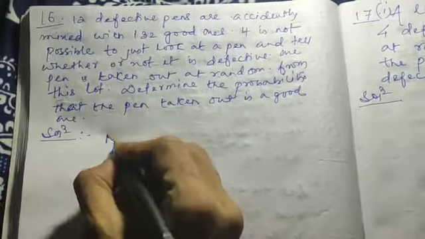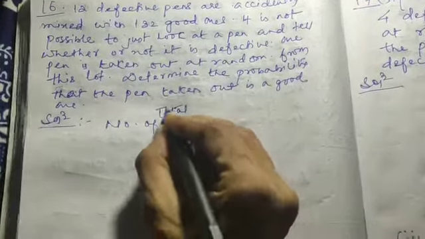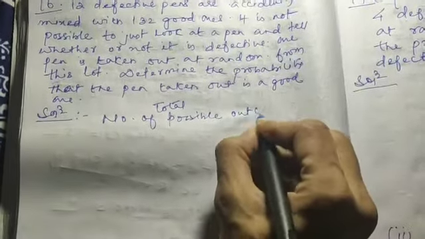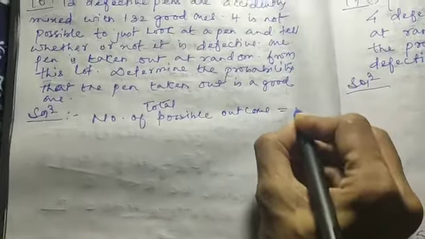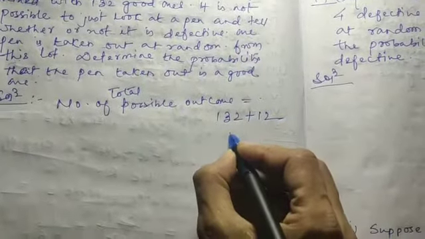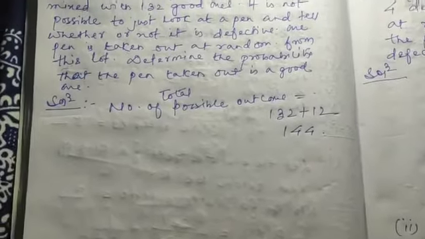So the number of total possible outcomes is equal to 132 good pens plus 12 bad pens. How much is it? 144 is the total possible outcomes.